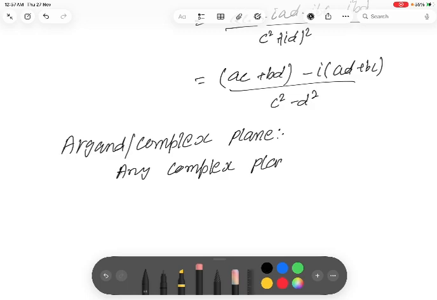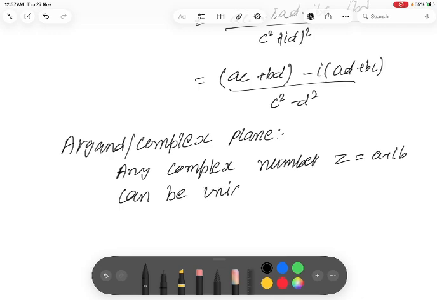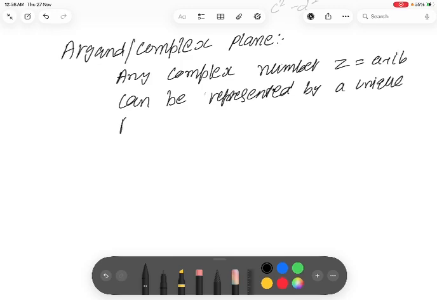Any complex number z equal to a plus iota b can be uniquely represented by a unique point P of a comma b in the Argand plane.